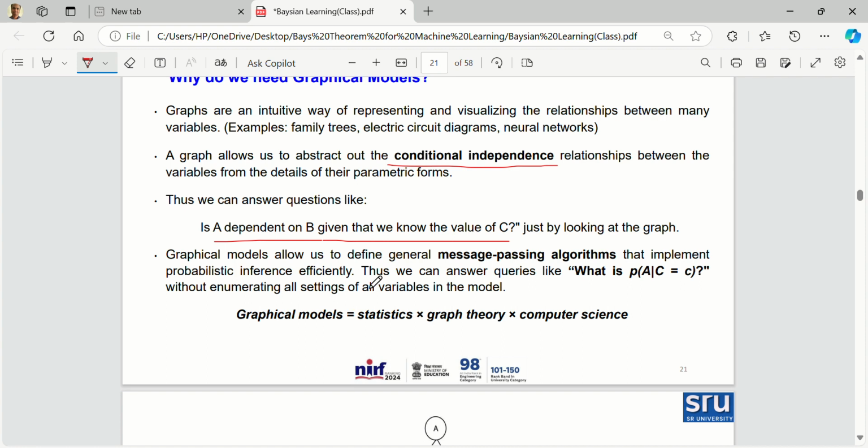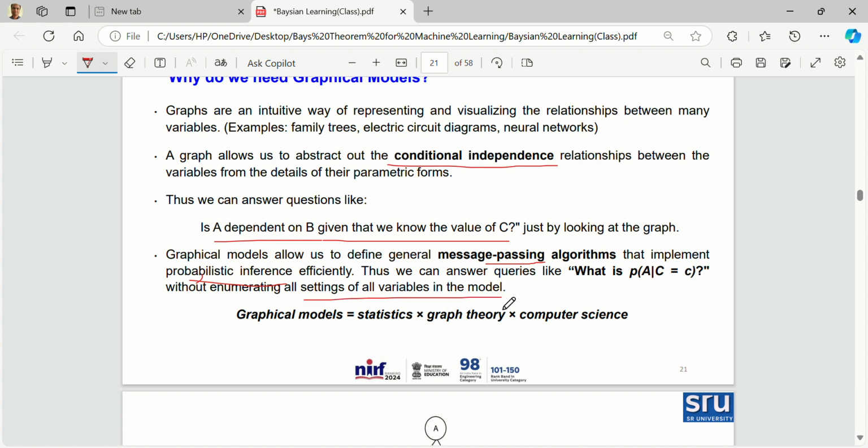Graphical models allow us to define general message passing algorithms that implement probabilistic inference efficiently. Thus, we can answer queries like what is the probability of C equal to c, that is, some particular cause, without enumerating all settings of all variables in the model.